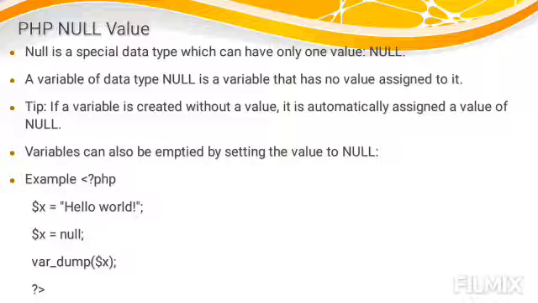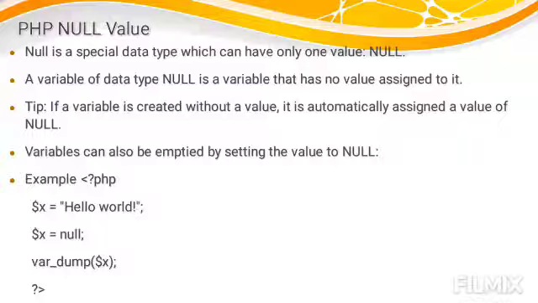PHP null value. Null is a special data type which can have only one value, null. A variable of type null is a variable that has no value assigned to it. If a variable is declared or created without a value, it is automatically assigned a value of null.